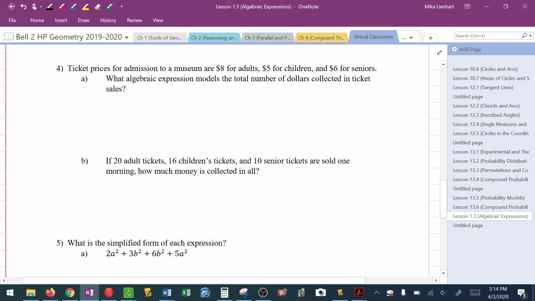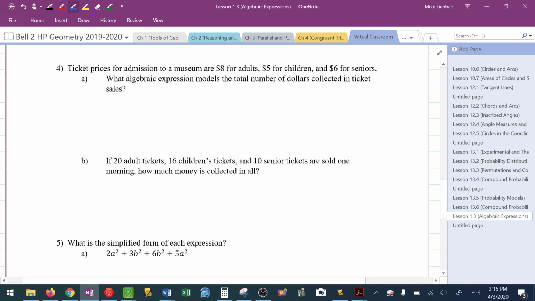It says ticket prices for admission to a museum are $8 for adults, $5 for children, and $6 for seniors. What algebraic expression models the total number of dollars collected in ticket sales?